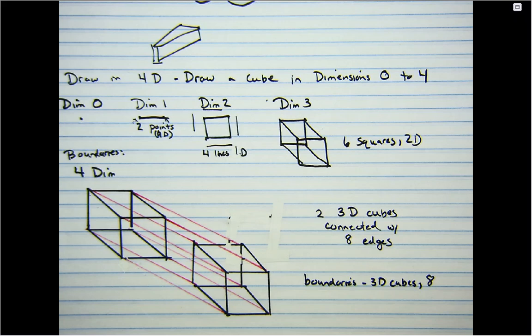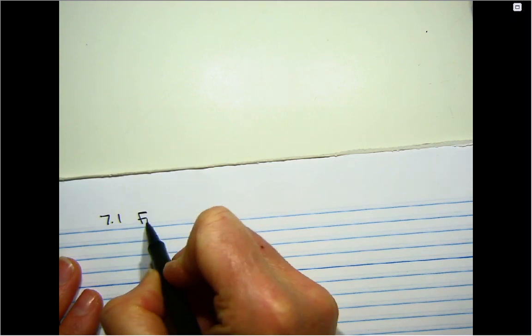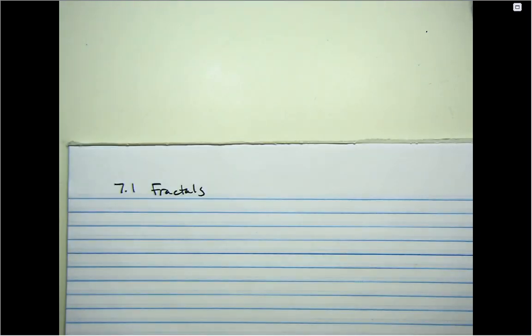The next section is very visual, so those of you who like to look at things should enjoy this. We're going on to 7.1, which is fractals. How many of you have heard of fractals? Anybody heard of fractals?